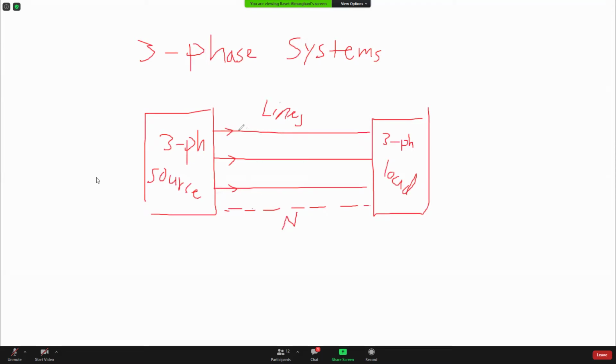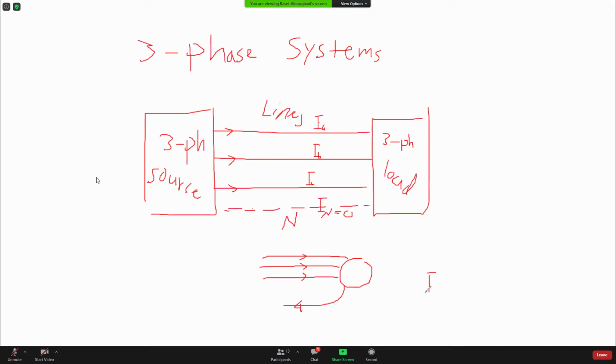Now the current in here is the line current A, the line current B, the line current C. If the system is balanced, the sum of the 3 currents is 0, so the neutral current will be 0. This is the load, the 3 currents are coming, and the neutral current is leaving.